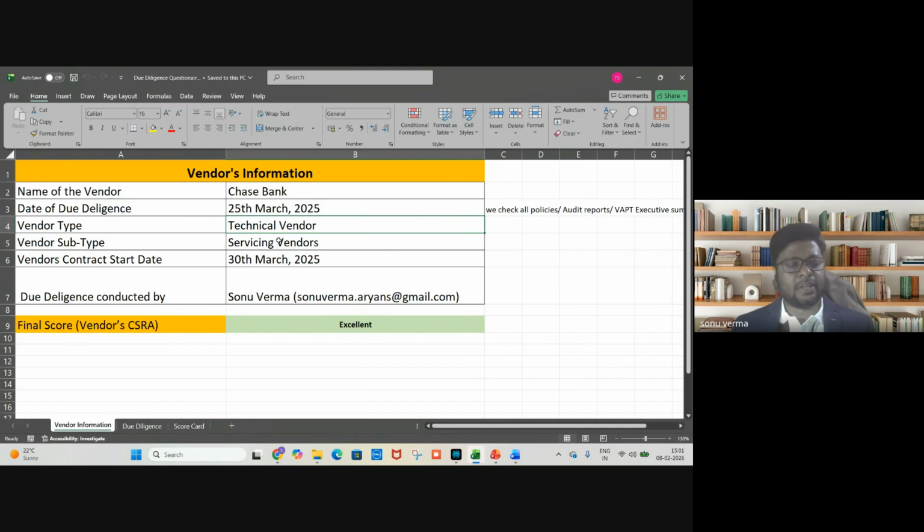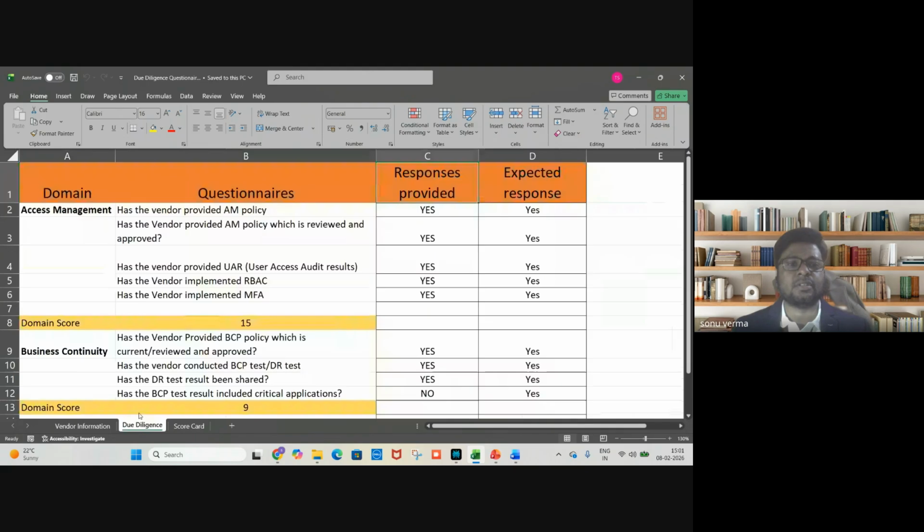Now, what this vendor is doing is servicing. Okay, they are going to provide services to us. Now, in order to onboard this vendor, there is a scorecard that gets created, and before a scorecard, there are certain questionnaires called the due diligence sheet of third party risk management.